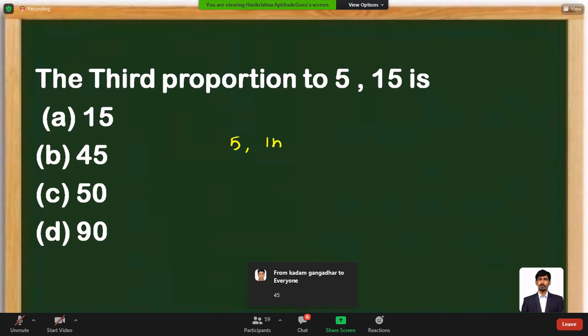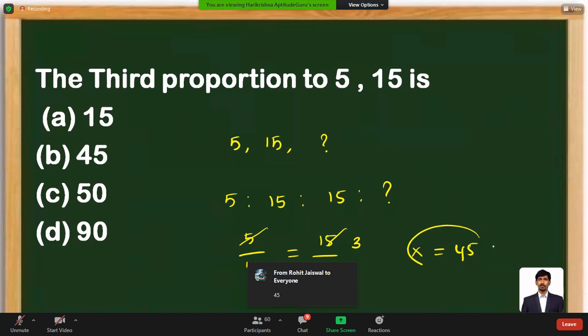They are asking the third proportion of 5 and 15. We take 5 and 15, repeat 15, and find the value. So 5 by 15 is equal to 15 by x. Get the value of x here. 5 threes are 15, so 15 into 3 is 45. Available as option B. Mark it as the answer.